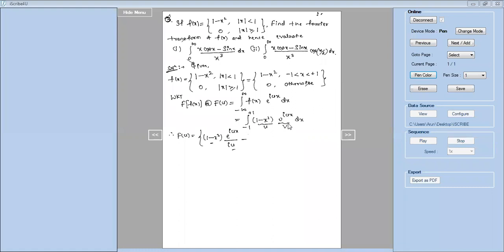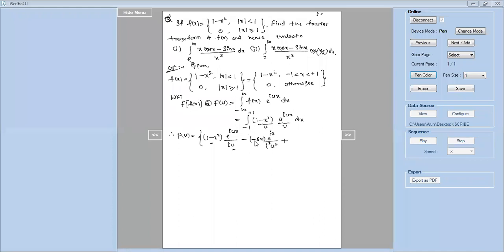So differentiation of 1 minus x square: 1 is 0, x square is 2x, it is minus 2x. Integration of e power iux, second term, is e power iux divided by the square of iu, that is i square u square. Then this is minus, so start with plus.